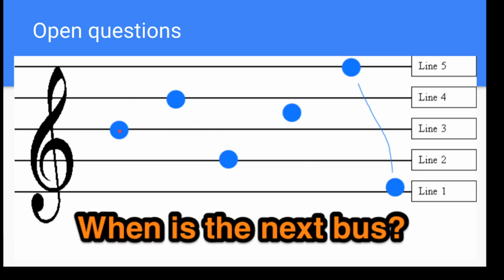So you notice open questions, again, we're starting in the middle with that middle note. So when is the next bus? It kind of slides down. This speaker actually started high, but you notice we're finishing on the lowest note. Now, for some languages, that's a very unusual intonation pattern.